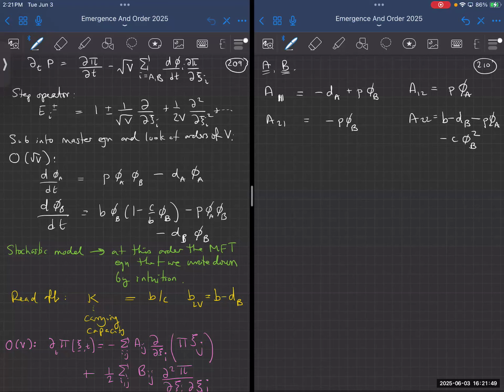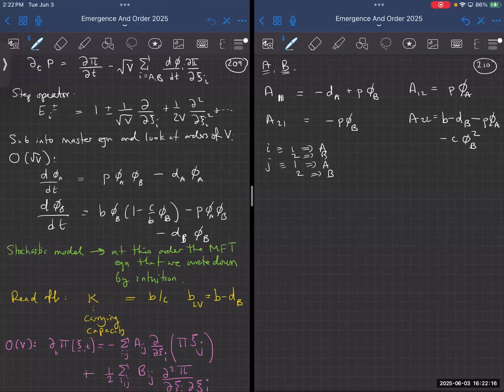In this one, i equal to 1 is the same thing as A, and j equal to 1 is A. If it's equal to 2, then that implies B. So you can read off what those things are.